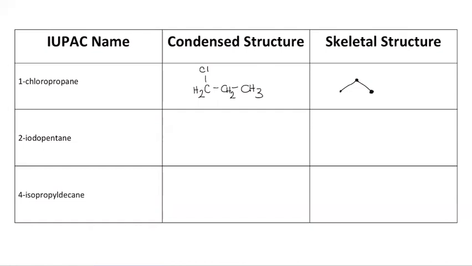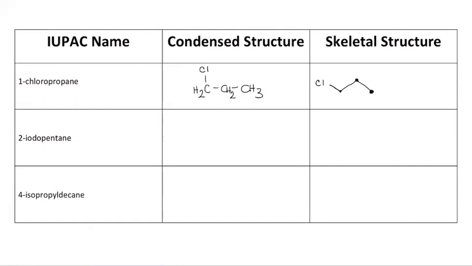And then this is my parent chain, that's my propane. And then because each of the angles is 109 degrees, here I draw my chlorine. And that is the skeletal structure for 1-chloropropane. Let's move on to the second one.